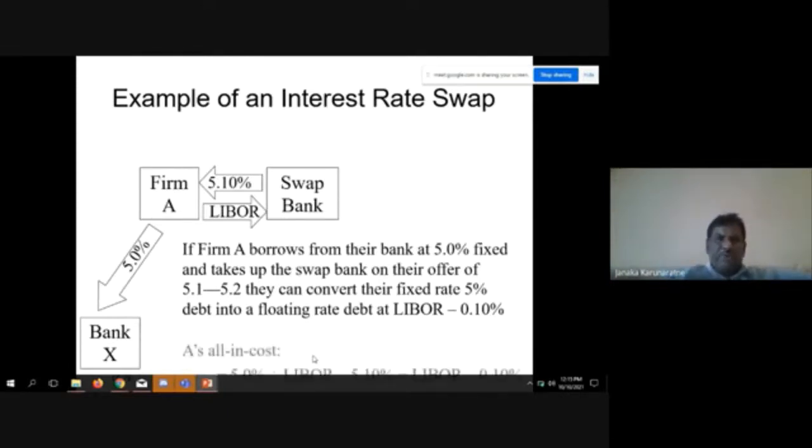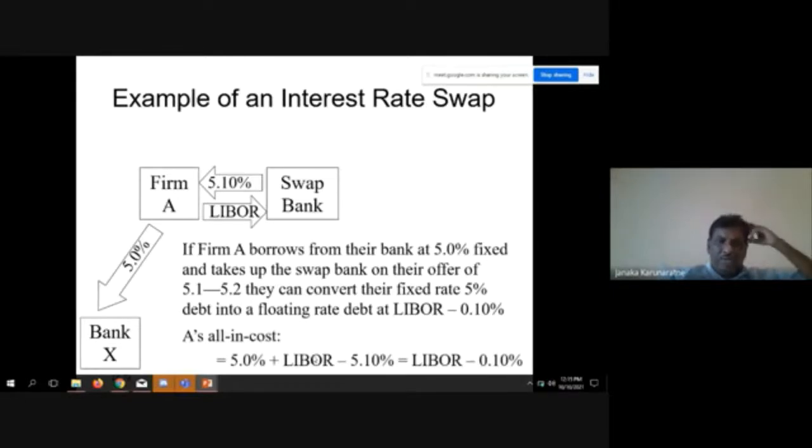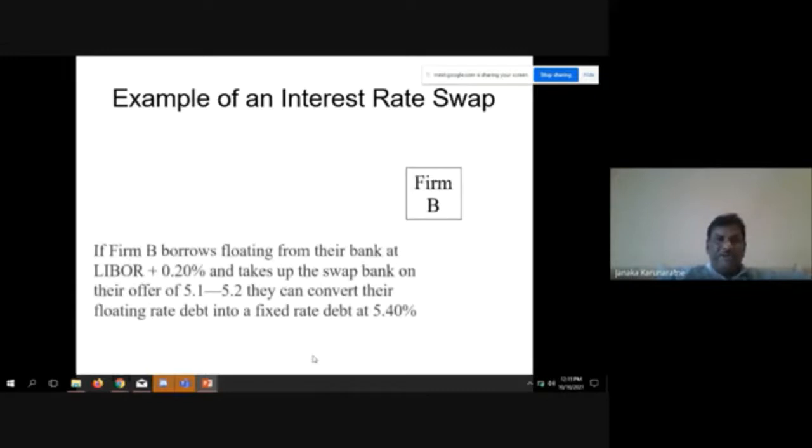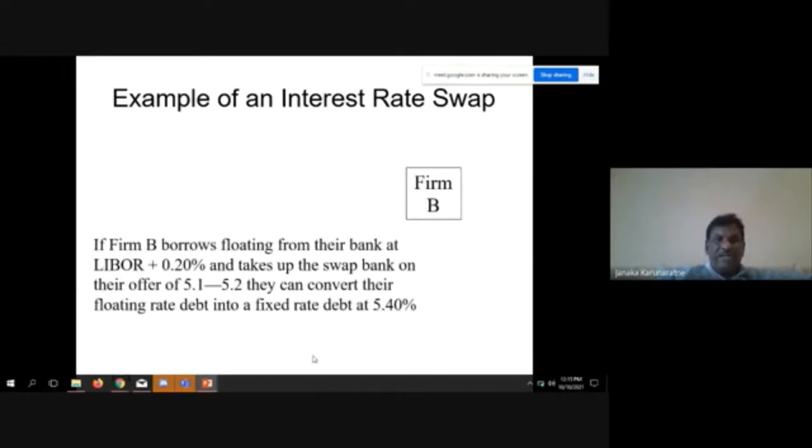Now let me move on to firm B. Firm B can borrow at LIBOR plus 0.2 and take up the swap of 5.1, 5.2, and convert their floating rate debt into fixed rate debt at 5.4%.